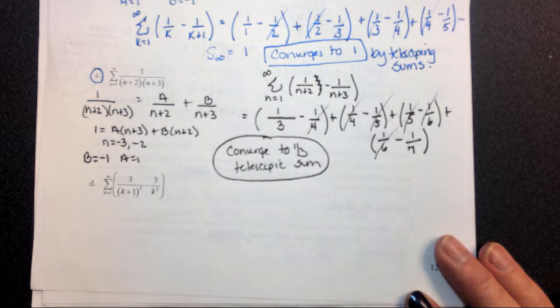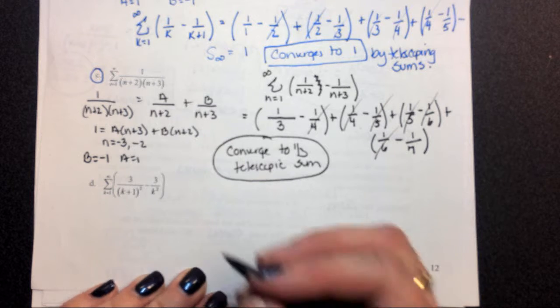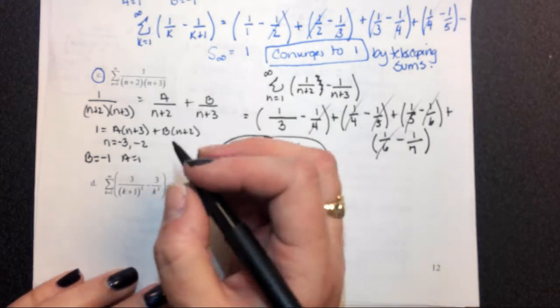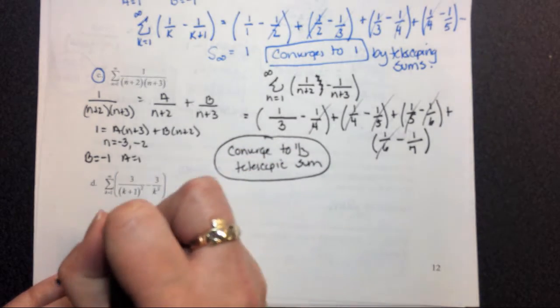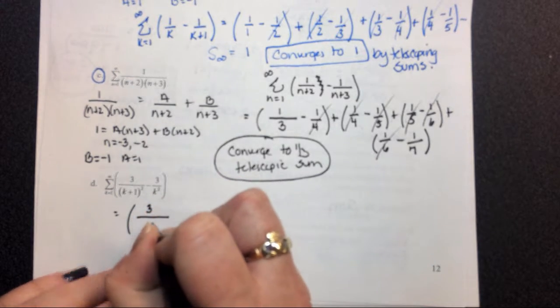Telescopic. So you guys go ahead and check to see whether or not this will converge by your telescopic and what it will converge to. Again, don't reduce your fractions.